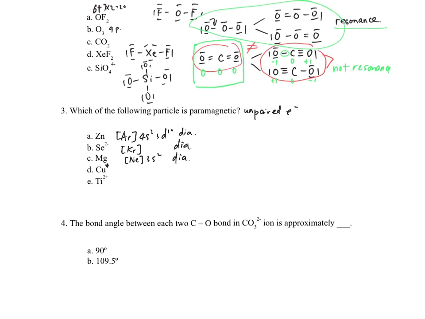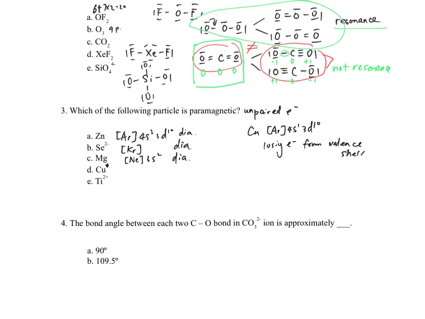Now, copper plus ion. The copper atom is one of the exceptions that we discussed before. This is argon 4s1 3d10. Copper plus ion, 1 plus, means, and we talked about this in our lecture, that when you're making positive ions, you're losing electrons from the valence shell.